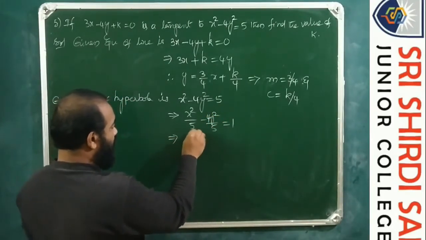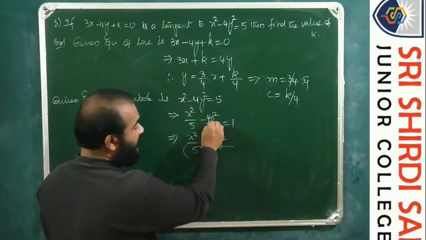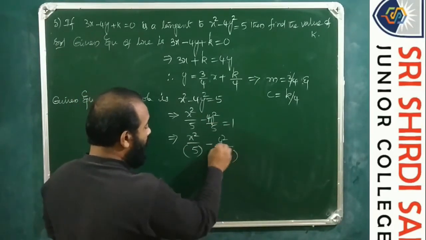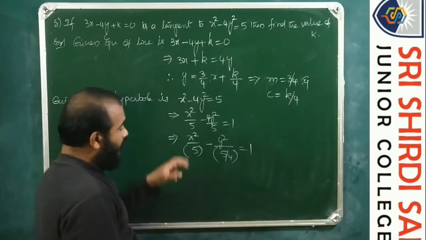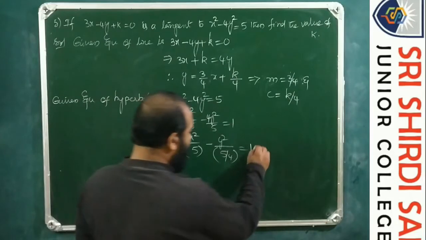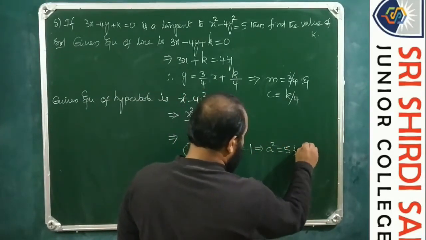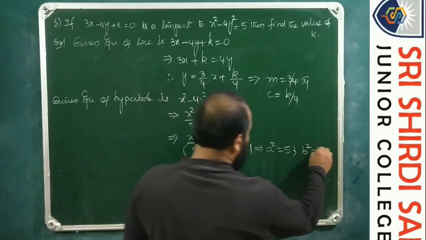So this is x square by 5 minus y square by, this can be written as 5 by 4, equals 1. So this is the form x square by a square minus y square by b square equals 1, with a square is equal to 5, b square is equal to 5 by 4.